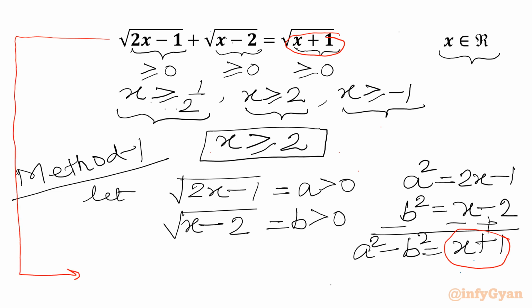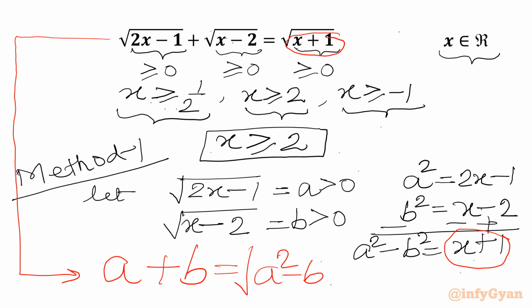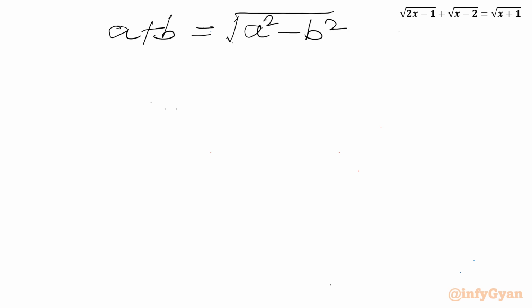So I can write the equation as a plus b equal to square root of a square minus b square. Now I will consider squaring both sides. Let me write here a plus b equal to square root a square minus b square, whole square.